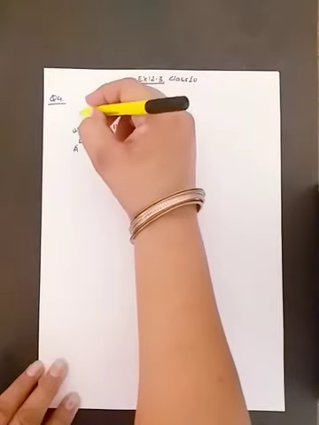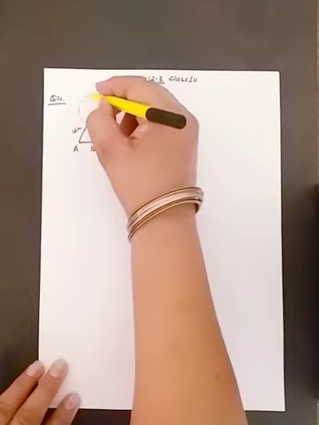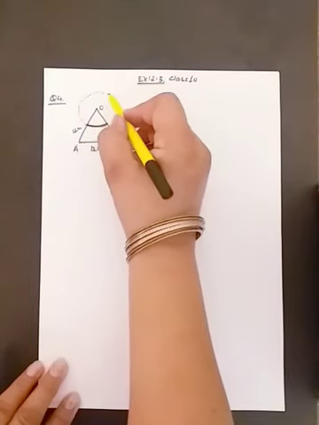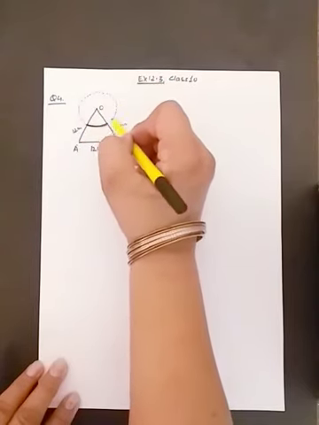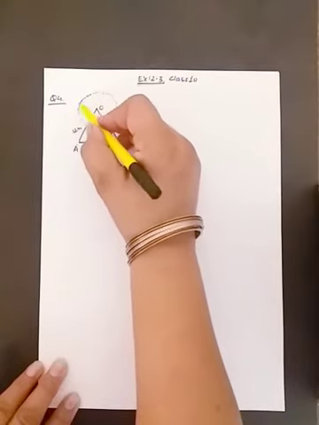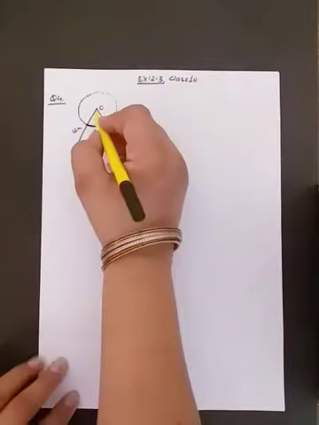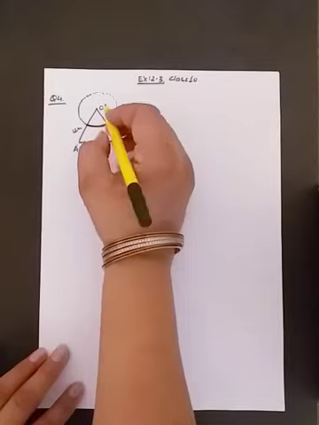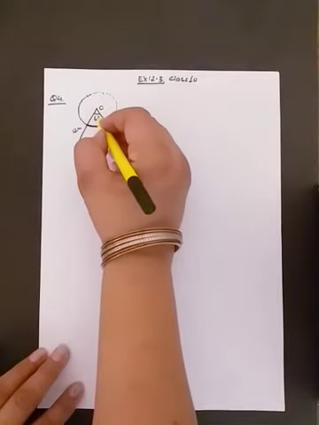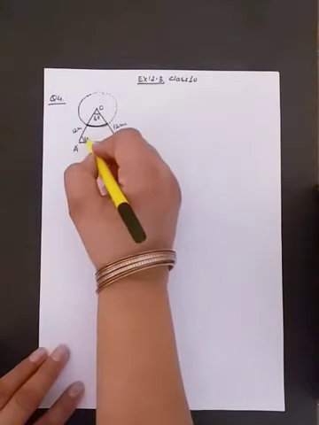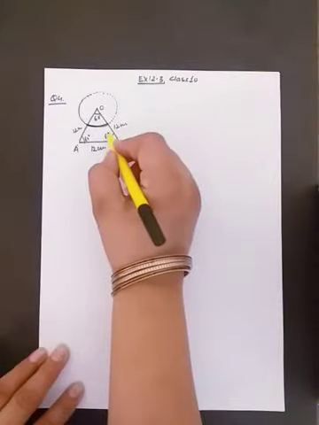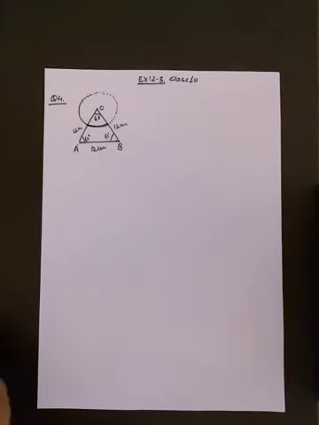So we can say the radius of such circle will be 6, and because triangle AOB is an equilateral triangle, each angle is 60 degree. And we have to find the area of the shaded part.